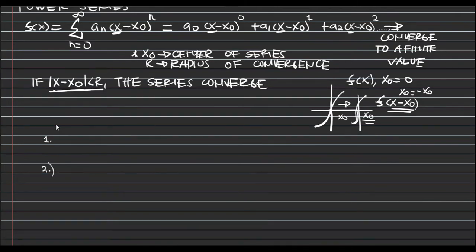The first possibility, dahil absolute value, pwedeng yung argument sa loob is positive. So, ibig sabihin, x minus x sub 0 will remain positive, less than r. Now, the second, pwedeng negative naman yung nasa loob. So, yung second output, negative x minus x sub 0 is less than r.